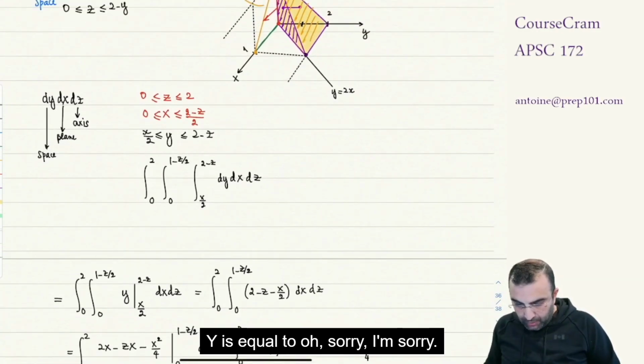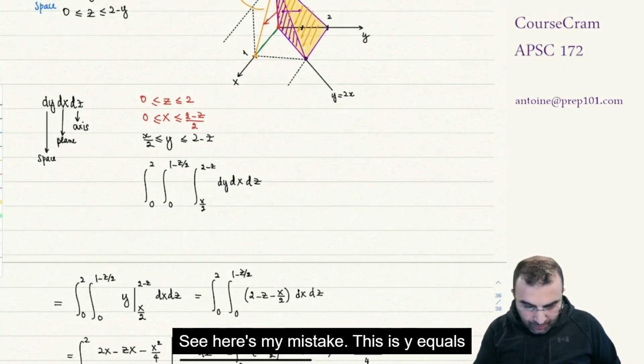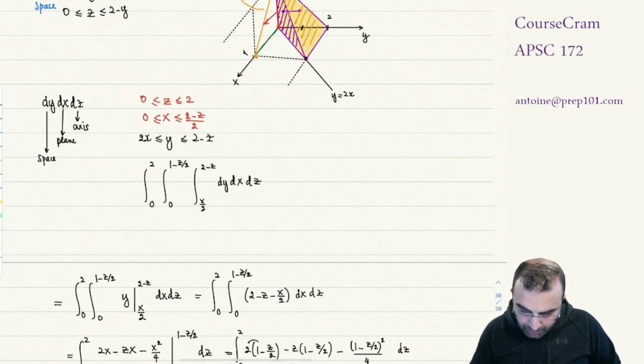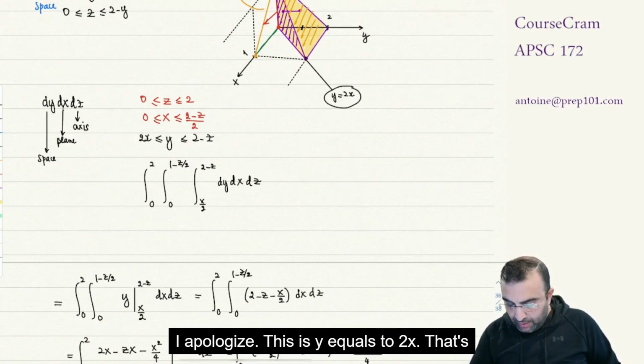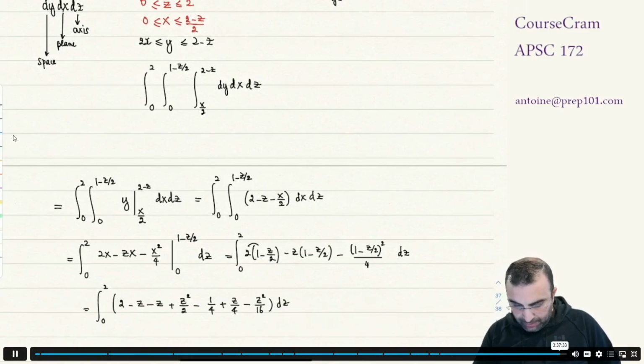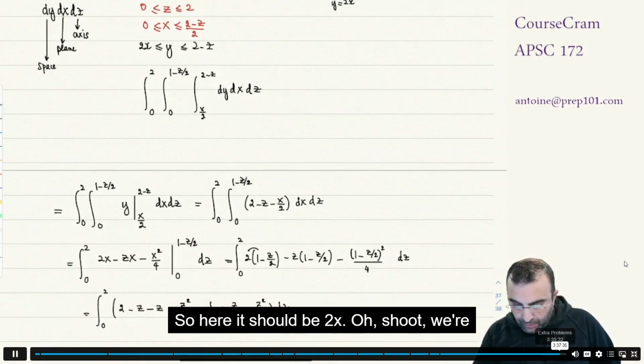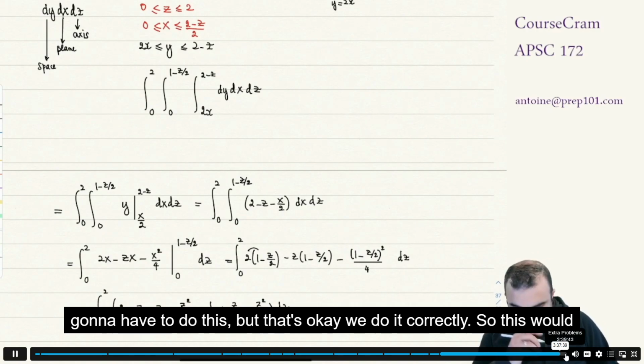Oh sorry, see, here's my mistake. This is y equals 2x, not x over 2. I apologize. This is y equals 2x. That's my mistake. So here it should be 2x. Oh shoot, we're going to have to redo this, but that's okay, we do it correctly.